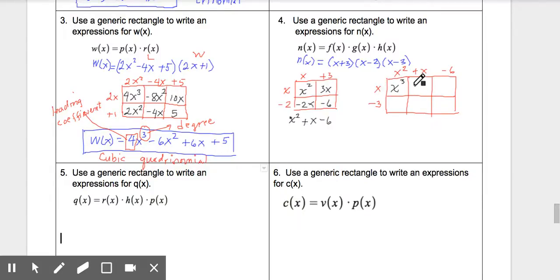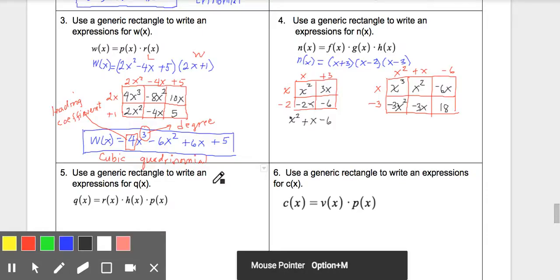X times x is x squared. X times negative 6 is negative 6x. Negative 3 times x squared is negative 3x squared. Negative 3 times x is negative 3x. And negative 3 times negative 6 is positive 18. So now the area of this bigger rectangle is equal to n of x.